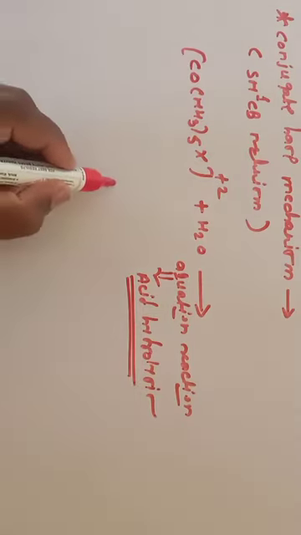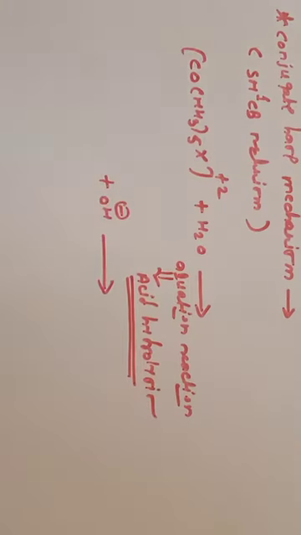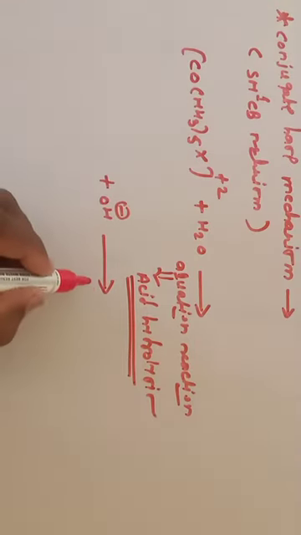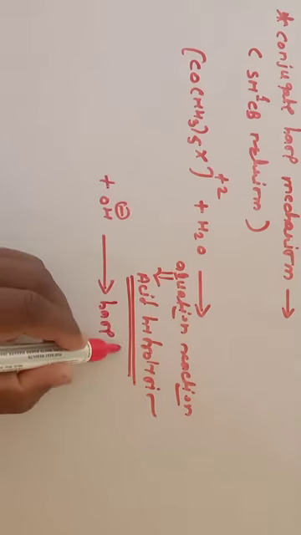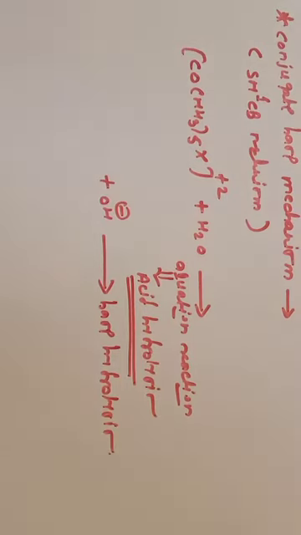When the same complex reacts with the hydroxyl ion, that is OH minus ion, then it is considered as a base hydrolysis reaction. So at least you should know the difference between acid hydrolysis and base hydrolysis. The second evidence we discuss, the conjugate base mechanism, is a base hydrolysis reaction.